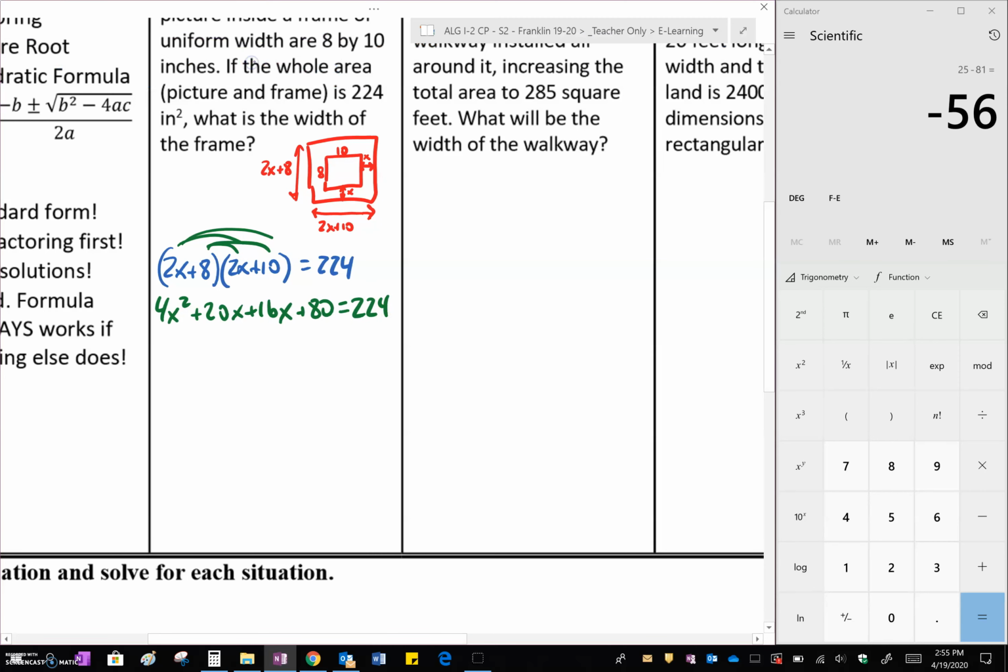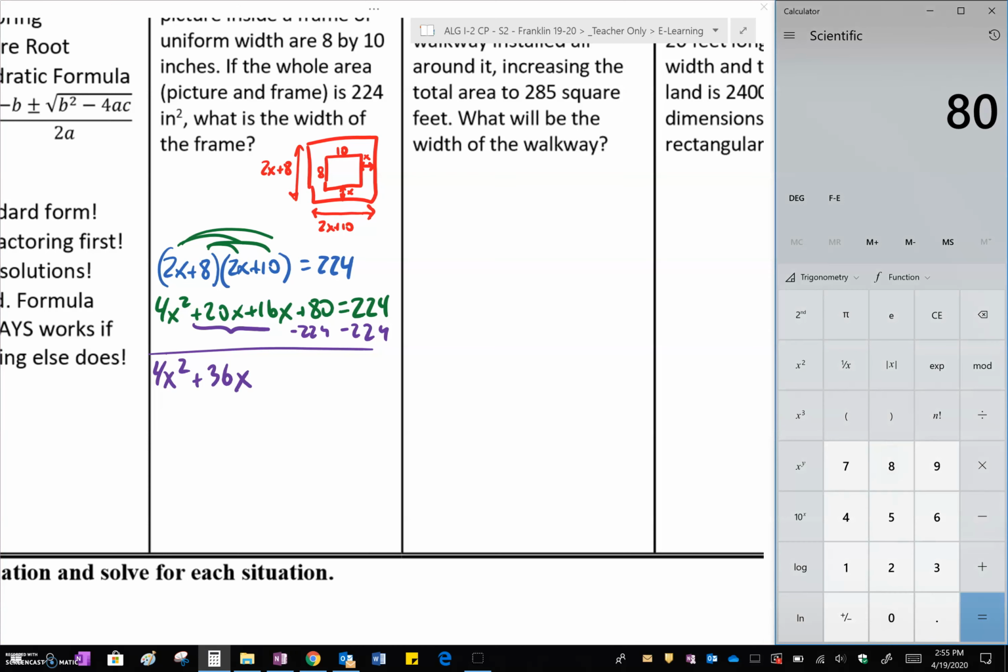And then we're going to have to combine here, subtract here. So we get 4x squared plus 36x, and then 80 minus 224, let's just make sure we get it right, is negative 144.